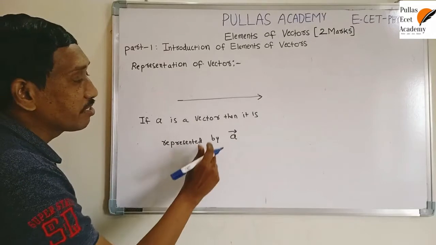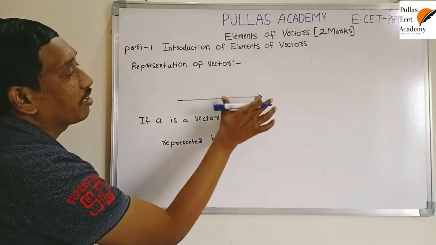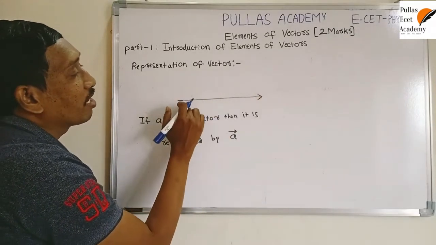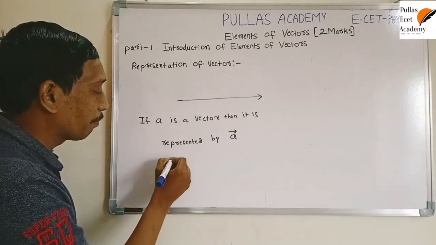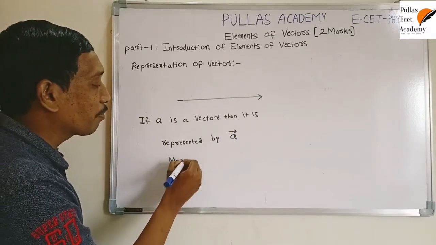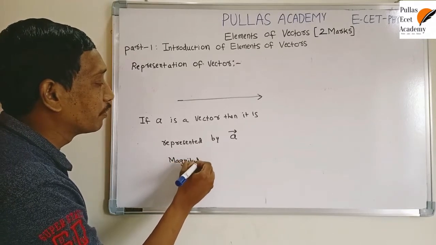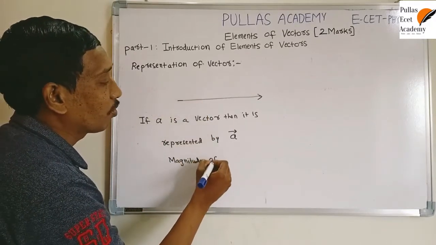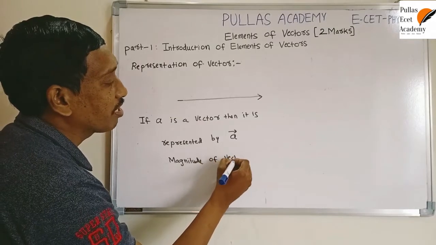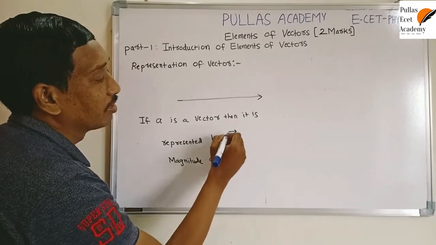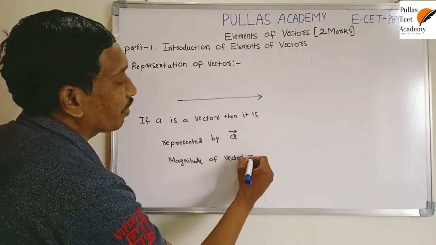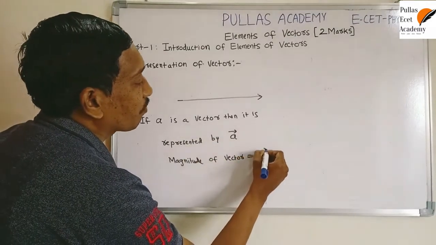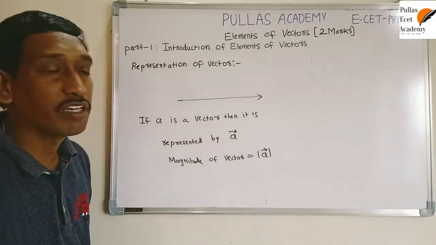The length of this line segment stands for the magnitude of the given vector. What is the magnitude of a vector? Suppose we consider a bar vector. The magnitude of a bar vector is modulus of a bar, always indicated by the modulus symbol. Why?